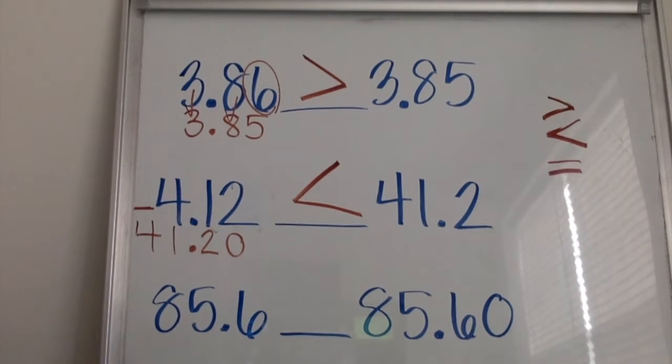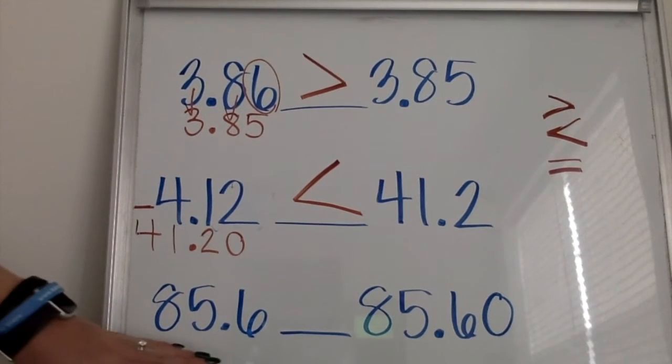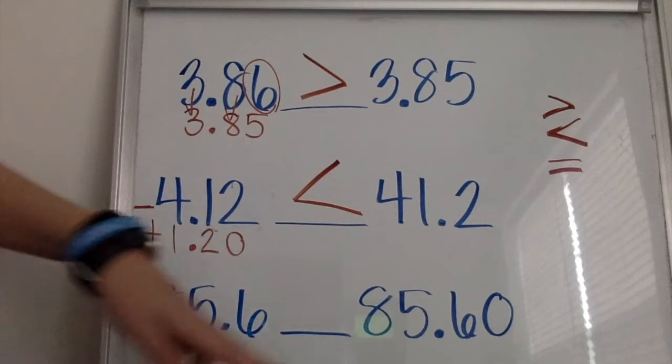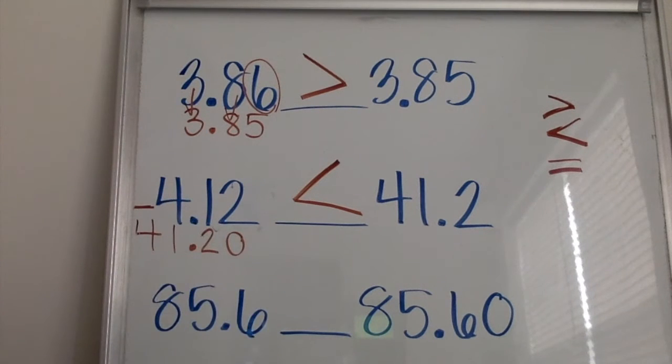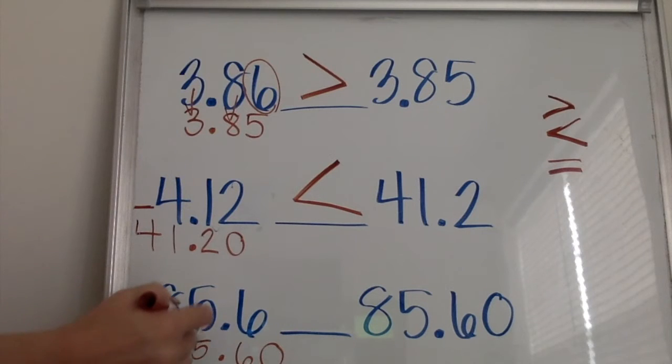And my last question on here, I have 85 and 6 tenths compared to 85 and 60 hundredths. So again, I can write this number below, lining things up to make sure everything looks equal. And I notice in the tens place, I have an 8 in both, so I'm going to check those. A 5 in both the ones place, I'm going to check those.